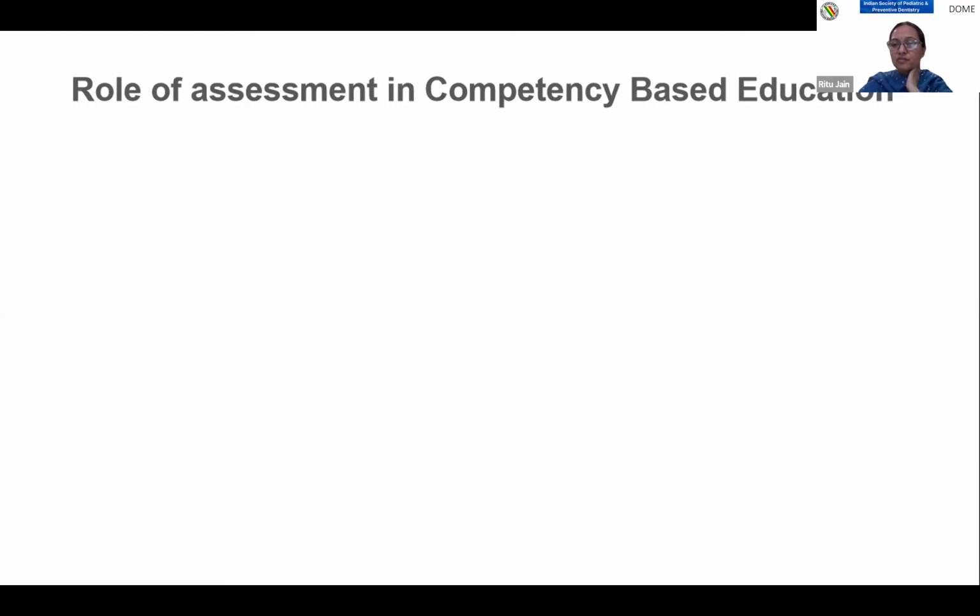And how is it going to be different from the conventional curriculum? Evaluation of competence of the student in practical procedures and knowledge: how is this evaluation going to be different from what we are already doing in the conventional curriculum?